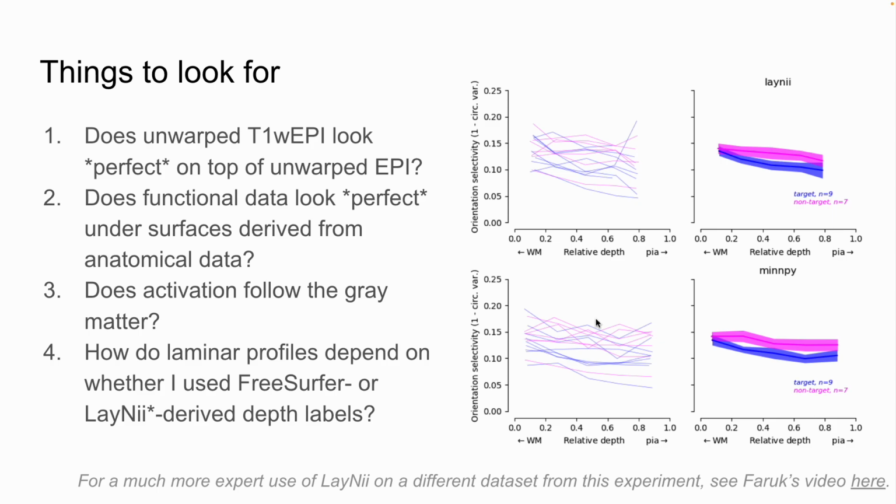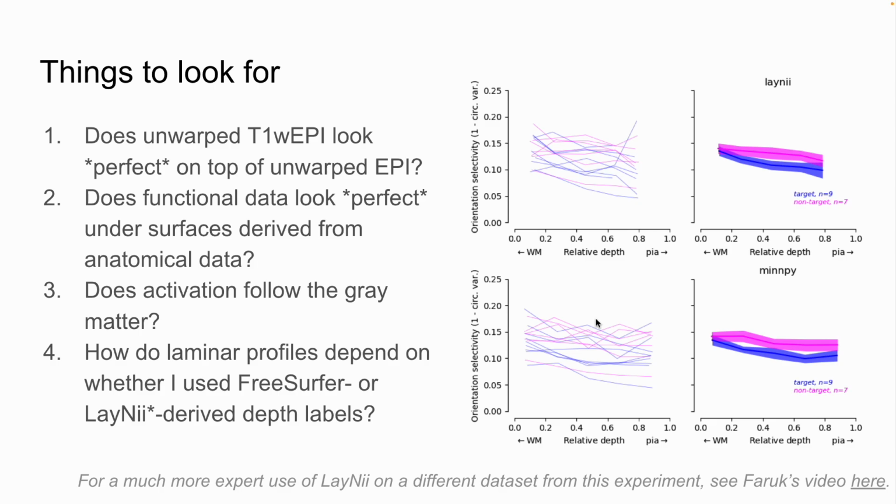If orientation is my x-axis and response is my y-axis, and a neuron or a voxel has some response to any old orientation and then a preferred response, that's what you expect as an orientation tuning function out of primary visual cortex. If a voxel is super selective, it'll give you a super sharp peak, and this has low circular variance.